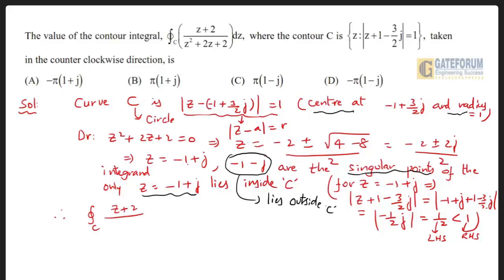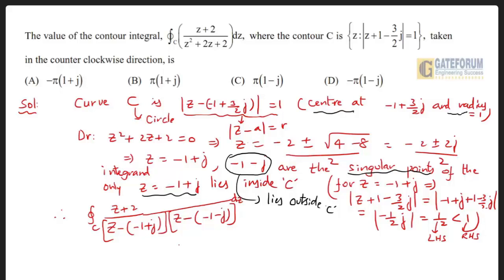Already 2 roots are there, so this quadratic factor can be written as a product of two linear factors: z minus of (minus 1 plus j) into z minus of (minus 1 minus j) dz. Can I write like this? Whenever a quadratic equation has two roots alpha, beta, then that quadratic can be written as x minus alpha into x minus beta, provided the x square coefficient is 1. Here the z square coefficient is 1.